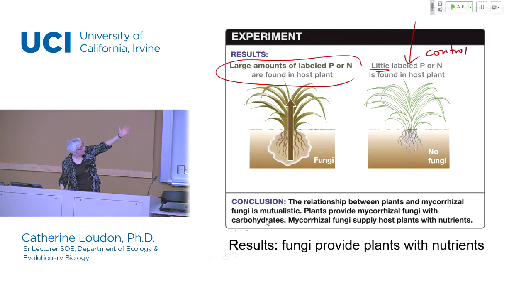So then the conclusion from experiments like this is that, in fact, fungi provide plants with nutrients, but these are not organic nutrients. These are so-called mineral or inorganic nutrients, right? Nitrogen, phosphorus containing inorganic nutrients, not carbon. Mycorrhizal fungi, by the way, do not fix nitrogen. I often get questions about that. No, that's just the prokaryotes that do that.